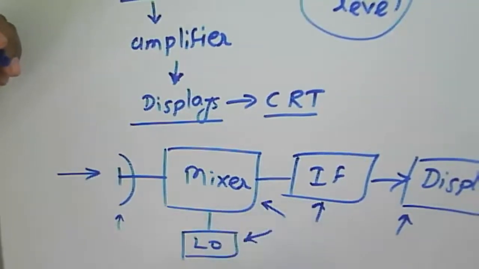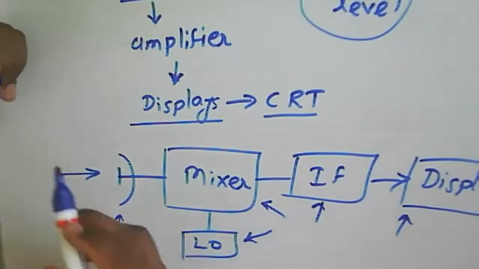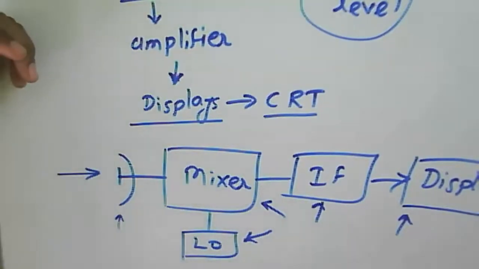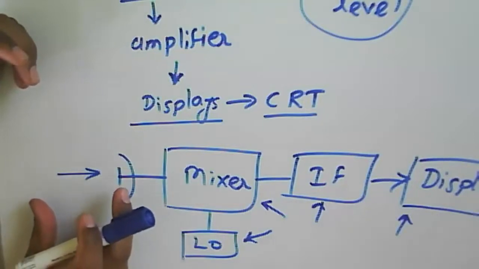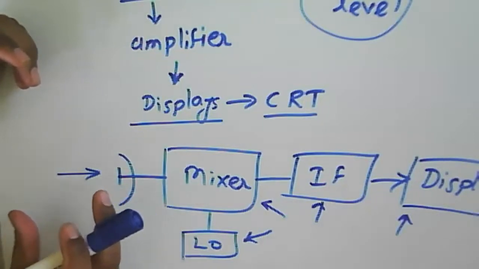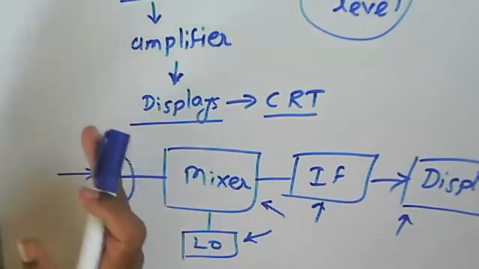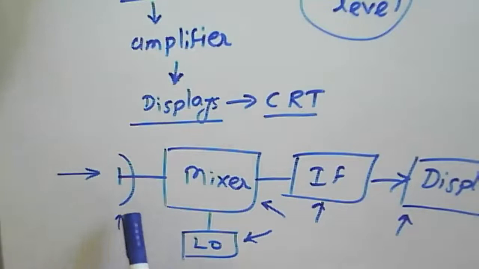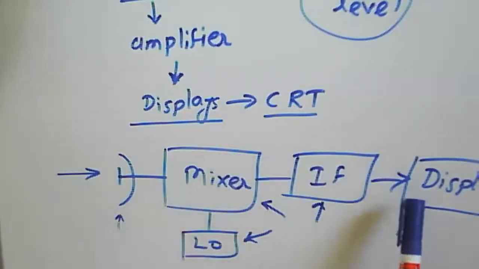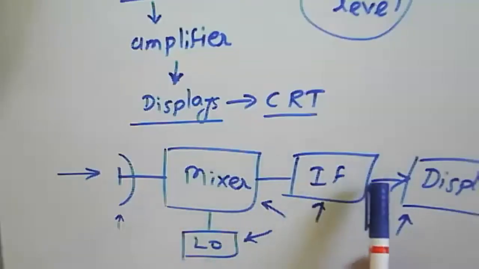So various components are there. So the total noise for the radar receiver consists of noise from the unwanted signal at the front end of the receiver, because the front end is nothing but the antenna, and noise from the network or circuit components.